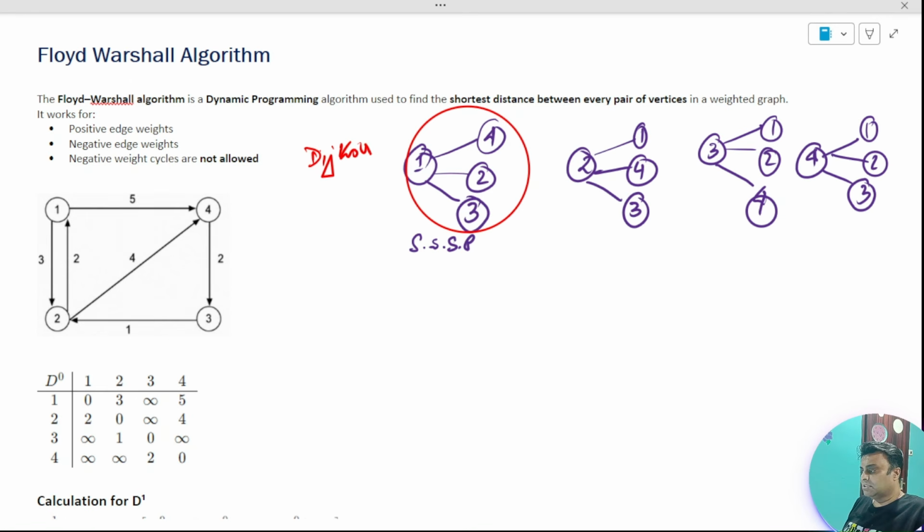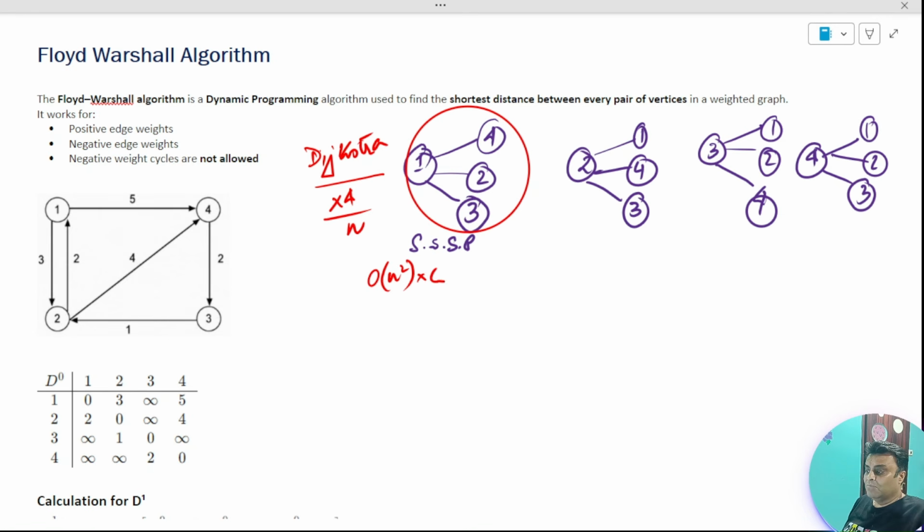Dijkstra, right? I need to be careful on the spelling of this. I hope I got it correct. Okay, so we can solve this with Dijkstra. So how many Dijkstra do we need? We need 4 Dijkstras, which means we need n Dijkstras. Now we know the order of a Dijkstra is order of n square.